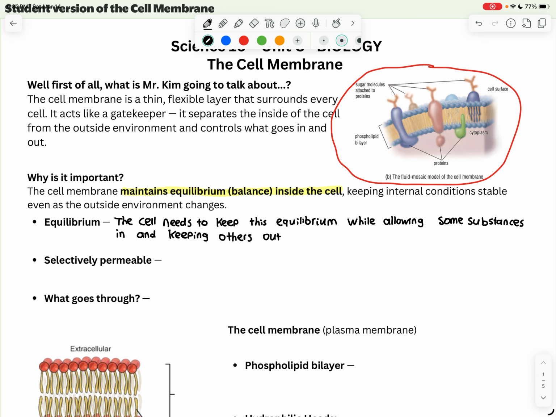It means they want certain substances to come into the cell, but they also don't want some substances to get into the cell, right? Because you don't want anything bad to get inside your cell. You want to protect the cell.